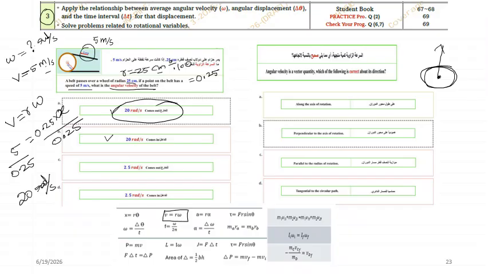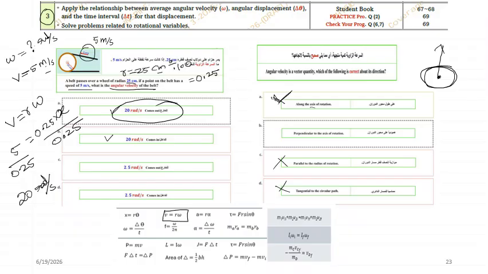Now look at the options. Along the axis of rotation. Perpendicular to the axis of rotation, parallel to the radius of rotation, and tangent to the circular path. So this is wrong and this is wrong. When we are specifying along the axis of rotation, the direction will be along the axis of rotation.